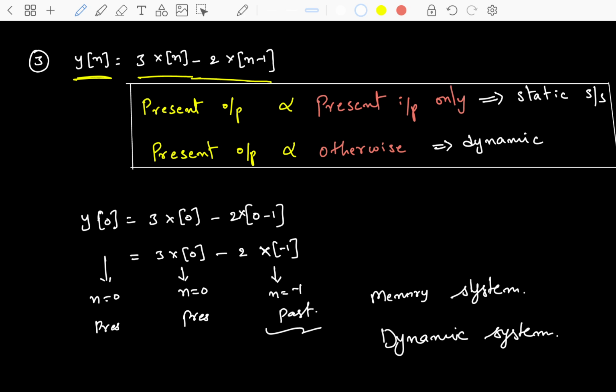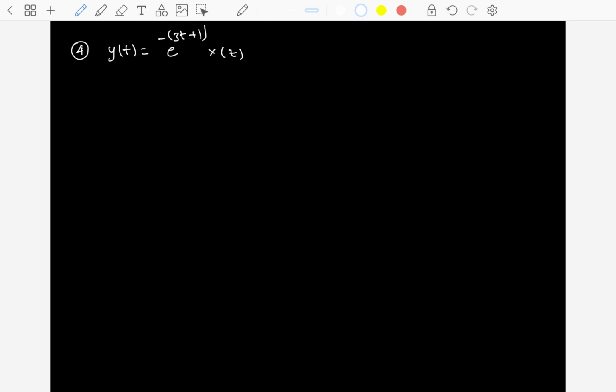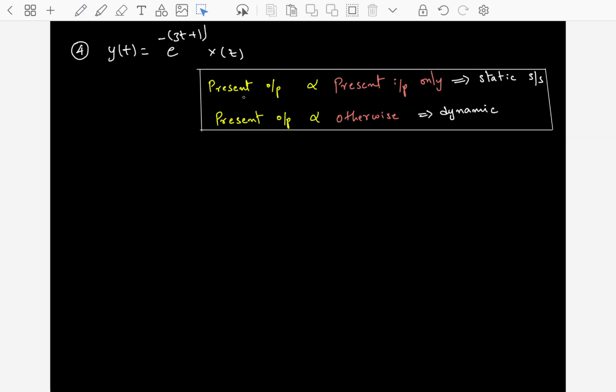Next, the fourth example. y of t is equal to e to the power of minus 3t plus 1 into x of t. The concept is that if the present output depends on only the present input, then the system is a static system.